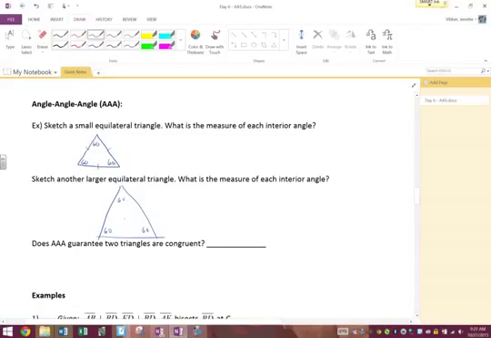But are these two triangles congruent? No, they're not congruent at all. I can make things bigger, keep the angles, but change the sides. So no, AAA does not guarantee that two triangles are congruent. All right, so AAA, not okay. SSA, not okay. ASS, not okay.